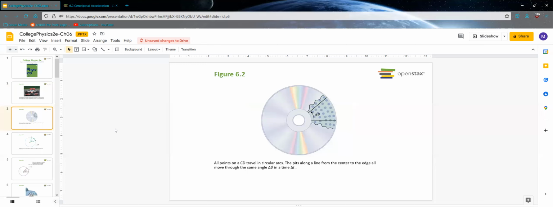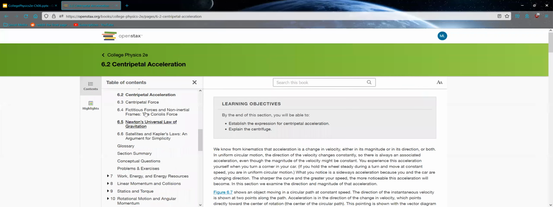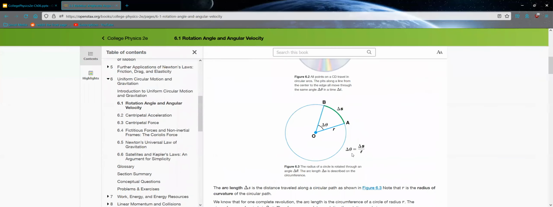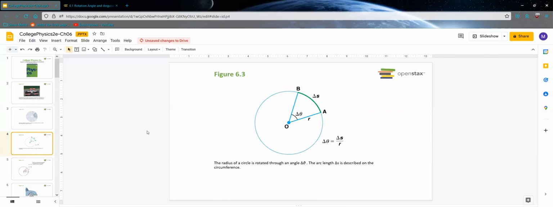The way we describe circular motion and motion around shapes like that is in terms of arc lengths, right? I think the book actually has a better picture explaining this than what's on the slideshow. Yeah, this one here. Actually, no, it's this next slide. Okay, there we go. Your arc length, or your delta S, is shown here. It's described as essentially going around that circle, like going on the outside of the rim.